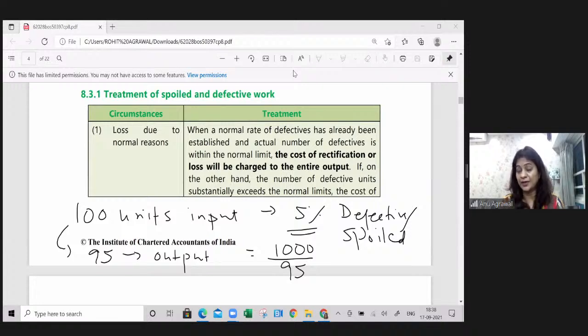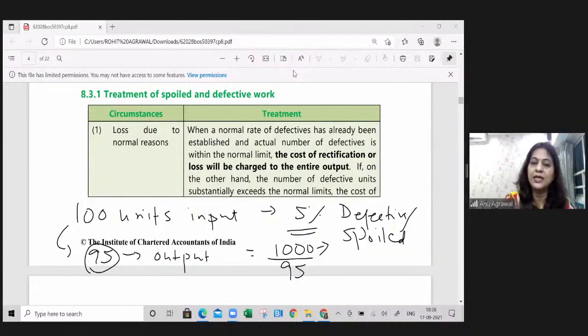Now, here I'm using the word defectives, right? Now I'm saying if it is spoiled, I did the expenditure, still nothing came into existence. I still have 95 units of output. My output is still 95 and I spent 1,000 rupees. Those 5 units, even after trying some expenditure, have not come into existence.